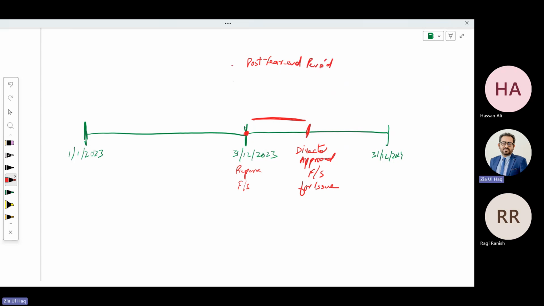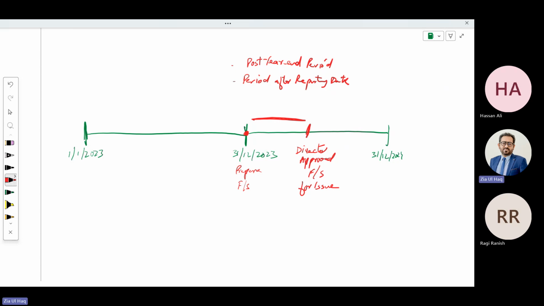Or it is also called periods after reporting date. Periods after reporting date mean year end date till the date director approve financial statements for issue is called post year end period or period after reporting date.